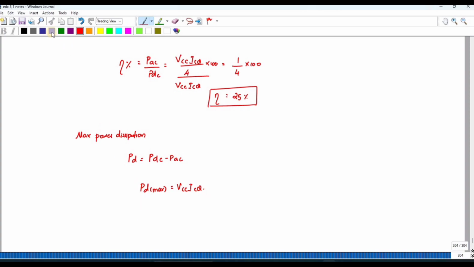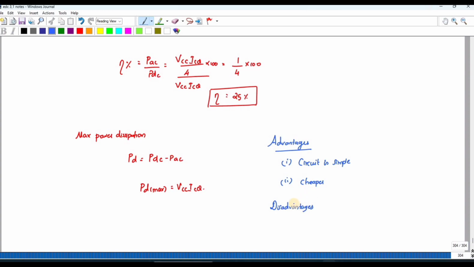So let us discuss the advantages of this circuit. The first advantage is that the circuit is very simple because we are using very few components, and it is cheaper because the load is directly connected to the collector. Next are the disadvantages.